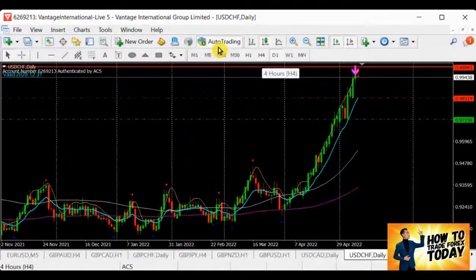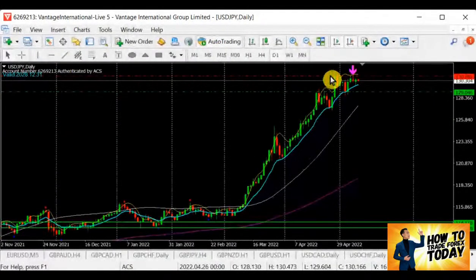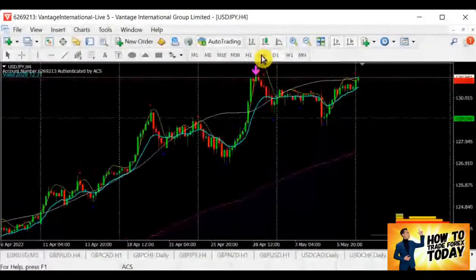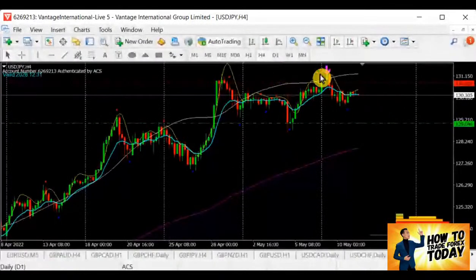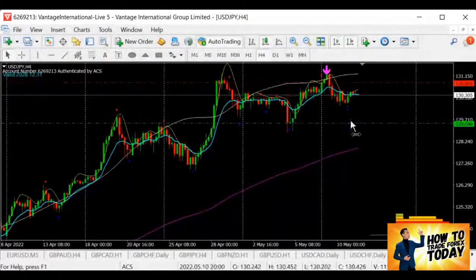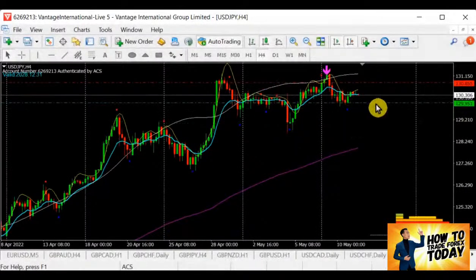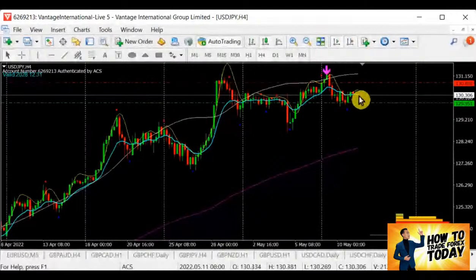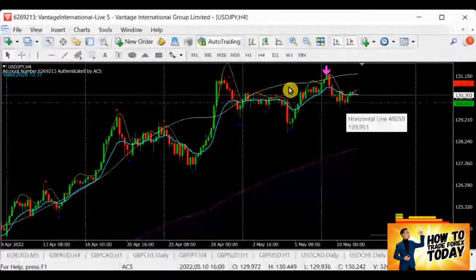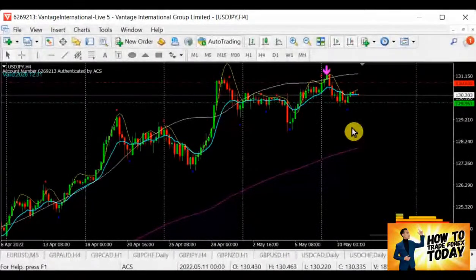There's a resistance here. It was actually retested once, and now they are having a retracement coming back, but we have a higher support right now over here at this part. As you can see over here, from the support area, it is still moving towards the resistance. That means the higher support is a sign of buying, and it continues to test the resistance.